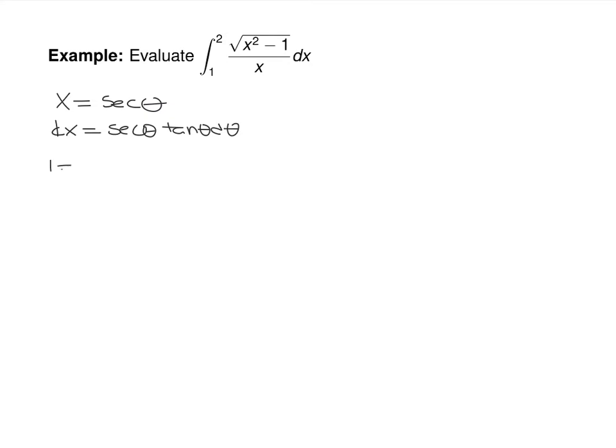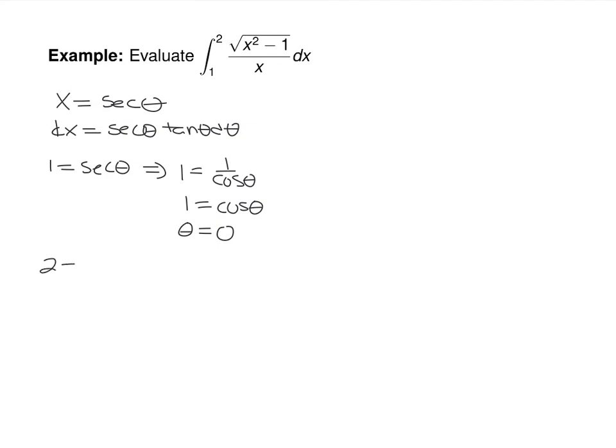So if 1 is equal to secant theta, I'm not so good at secant, I've got to make it back into cosines. That tells you that 1 is equal to 1 over cosine theta, which is the same thing as saying 1 is cosine theta. And the angle at which cosine is 1 is 0. There are many, but that's kind of the most common one.